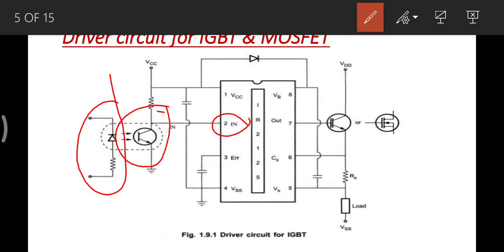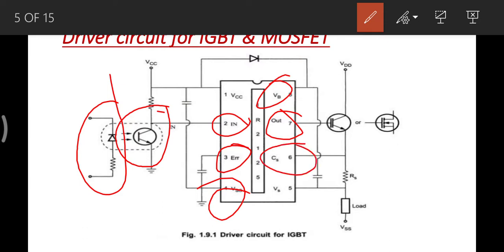After that the third pin is ERR, which is called the error pin. Then this is VSS, the 8th pin is the base voltage, the 7th pin is the output, and this is the controlling circuit, and this is the source voltage or load voltage. So these are the total 8 pins we are using in this IC.